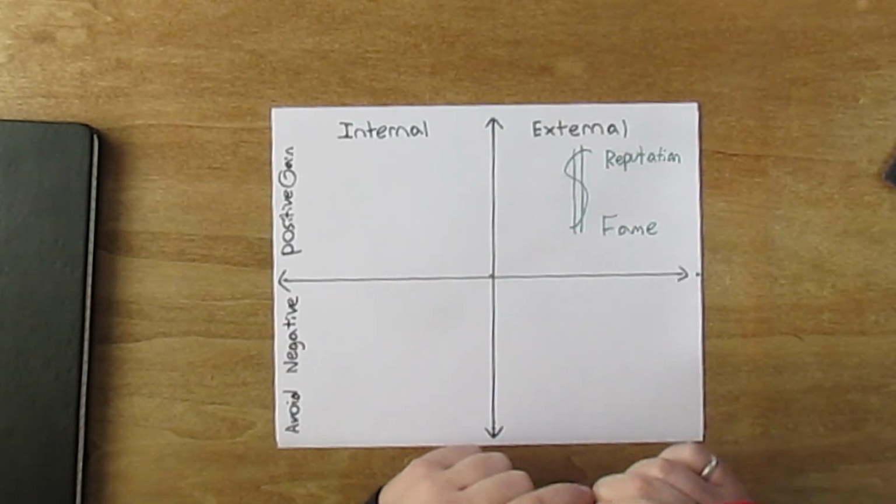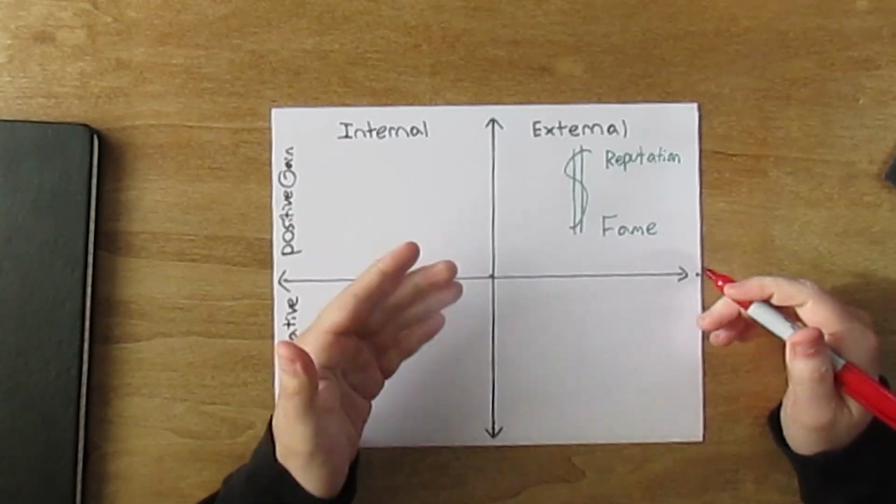This can be physical things like money or treasure or property, or even something more intangible like honor or a positive reputation. And it's external because it relies on other characters or something else outside of the character in order to provide it. The quadrant below that is about avoiding the loss of something external.